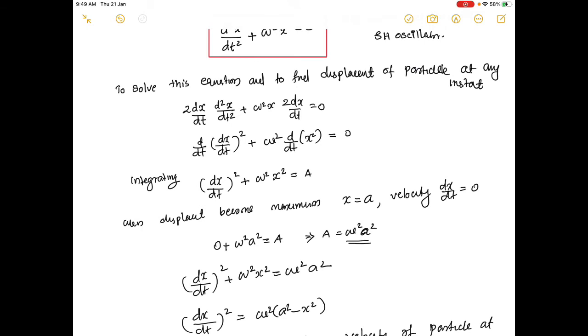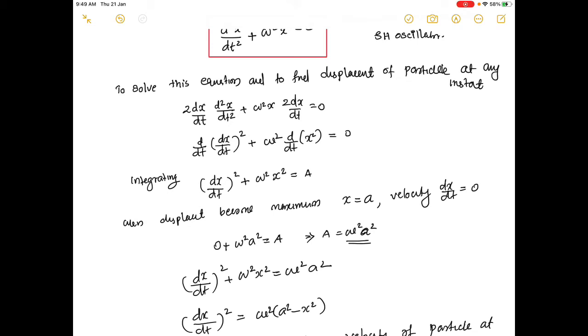I need to find the value of capital A, and for that I consider the case where x is equal to a, the displacement becomes maximum, where a is the maximum value. Later we call it the amplitude. At the maximum the particle reaches a point where it is at rest, and then goes back to the original position. So at that point the velocity becomes 0.